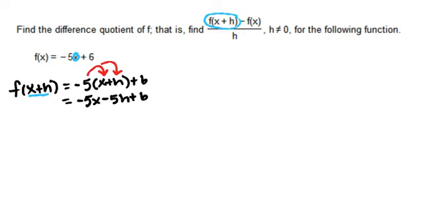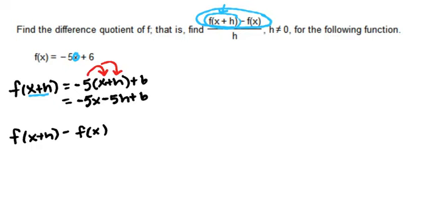So now that I've calculated that first portion right here, f of x plus h, I'd like to calculate the whole numerator. So I'm calculating the whole numerator, which is f of x plus h minus f of x. And I'm going to use the work that I've already done.